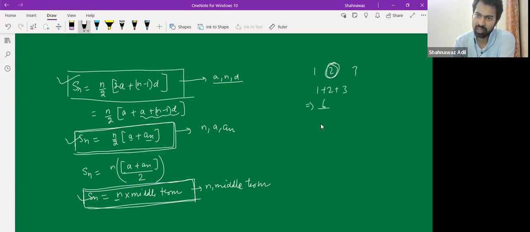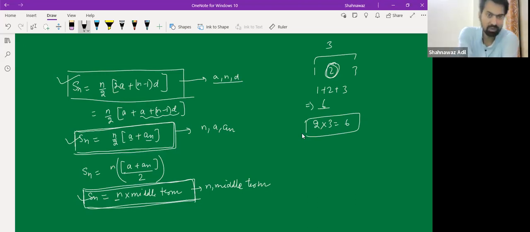But I can directly calculate it as 2 into the number of terms, which is 3. So 6. Understood? So you don't have to write all these formulas. If you know the middle term and the number of terms, then you can directly calculate.